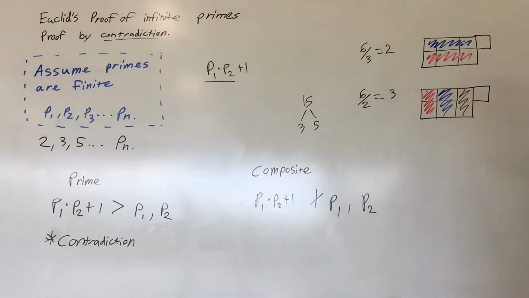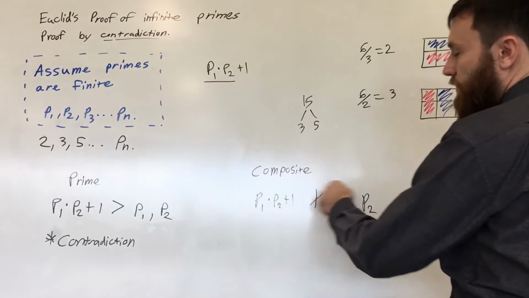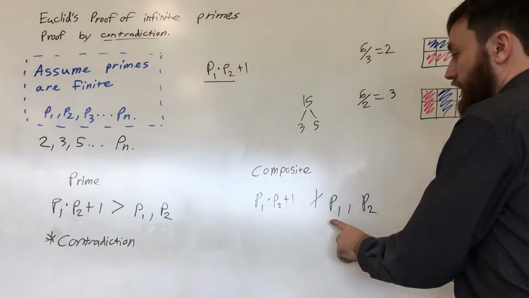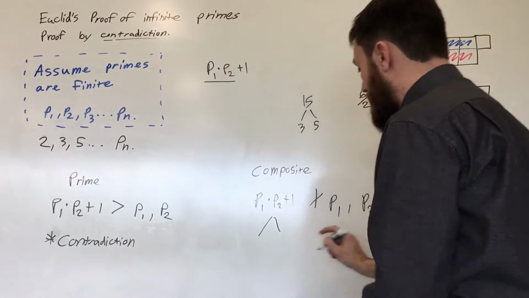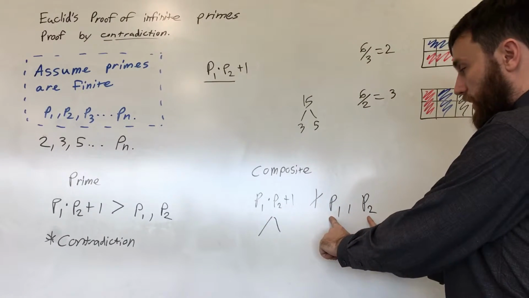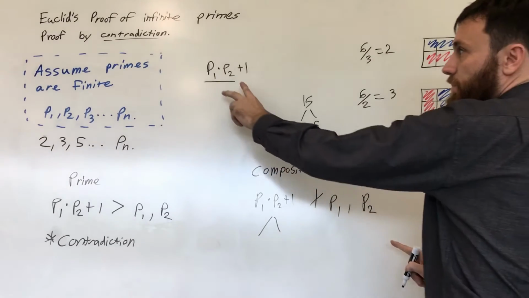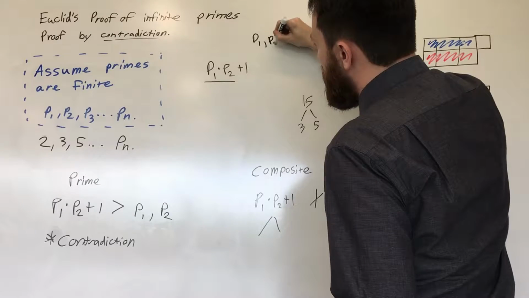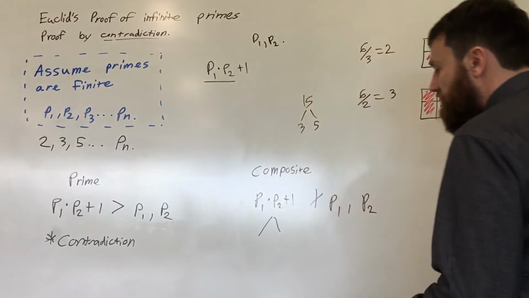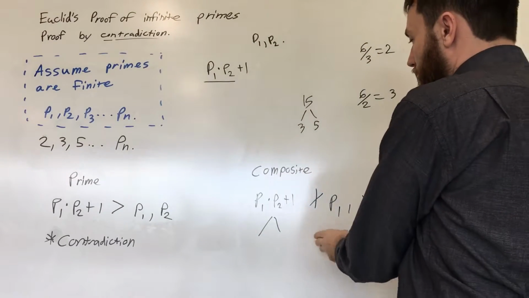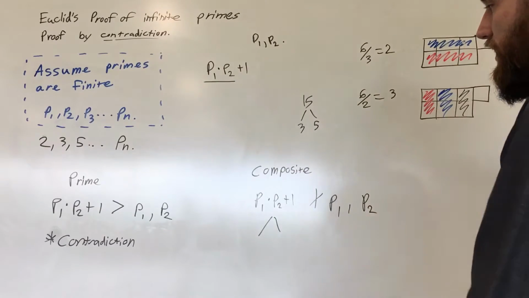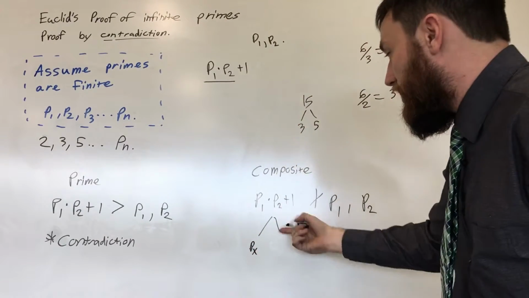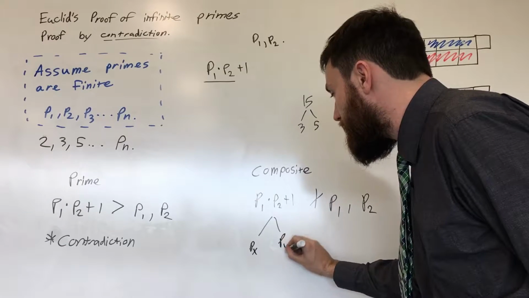So, if it's composite, it must be made out of primes. But it's not made out of any primes in the complete list, right? Because this is supposedly a complete list. P1 and P2, that's it. But none of the primes in the list divide it. So let's say it is a composite, so it is made out of primes.